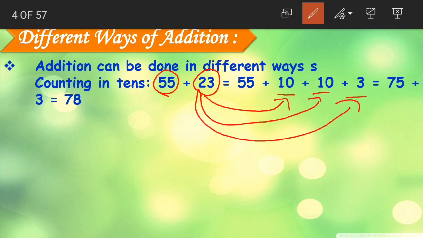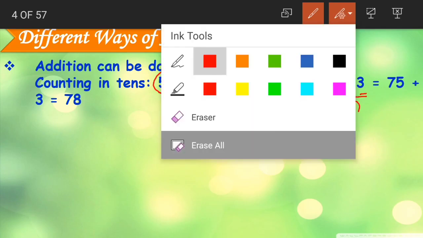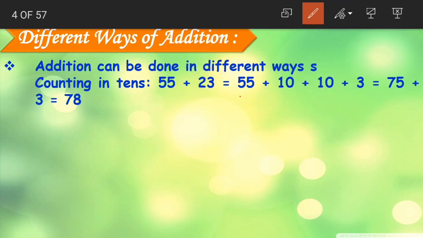We split 20 into tens. We have 2 in the tens place, which means we have 2 tens. 10 plus 10 becomes 20, and then we have 3, right children? Why did we split up? It becomes easier to add in tens.